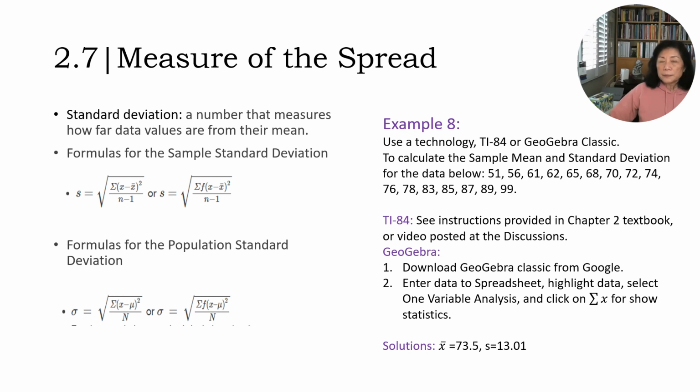Download it to your computer or laptop. When you need it, you can use that free software. Okay. So to calculate the sample mean and standard deviation for the data below, this is example 8. We have 1, 2, 3, 4, 5, 6, 7, 8, 9, 10, 11, 12, 13, 14, 15, 16 data values here.